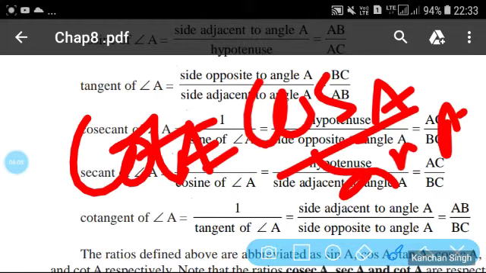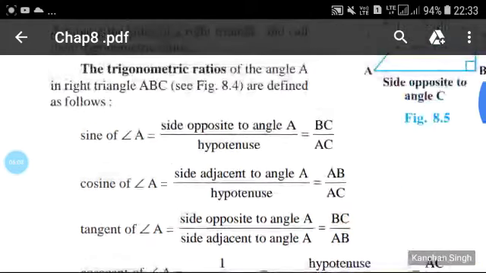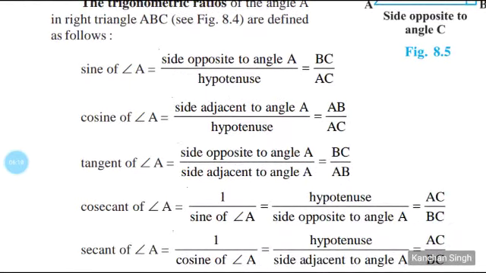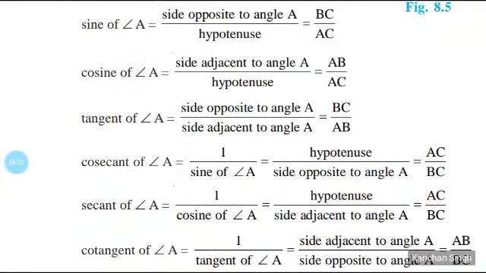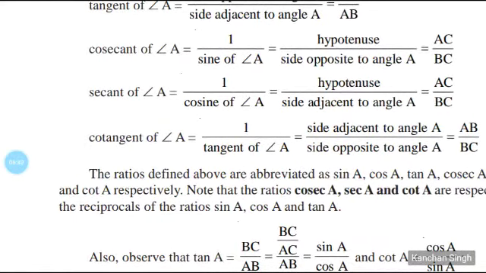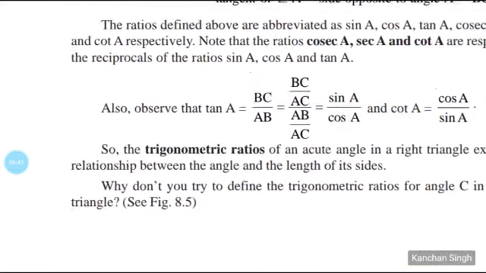Just remember: sine is opposite by hypotenuse, cos is adjacent side by hypotenuse, tan is opposite side by adjacent side, cosec is 1 by sine of angle A, sec is 1 by cos of angle A, and cot is 1 by tan A. So you have learned six formulas, and you have to remember them, because using all these formulas we will solve numericals in the next class.